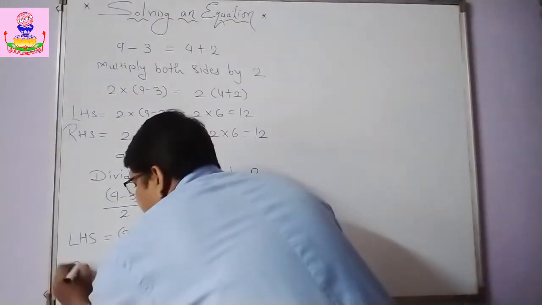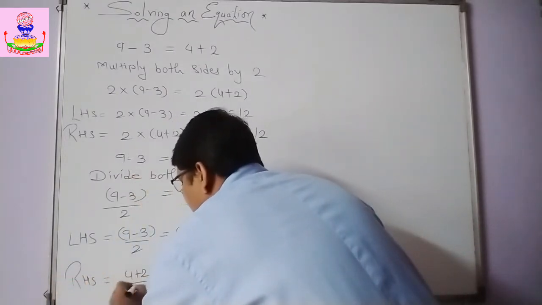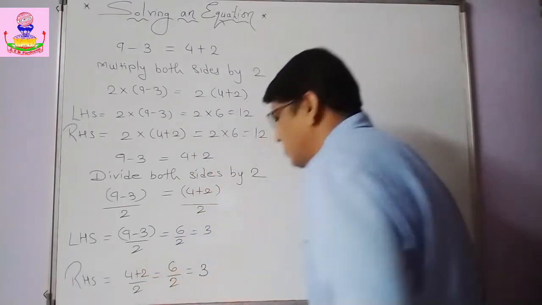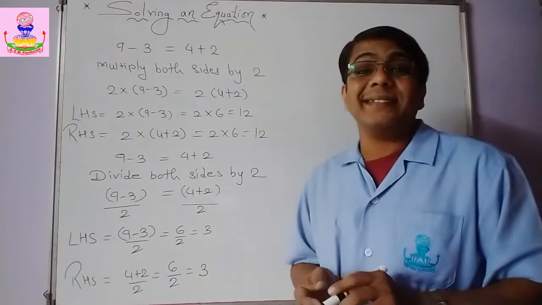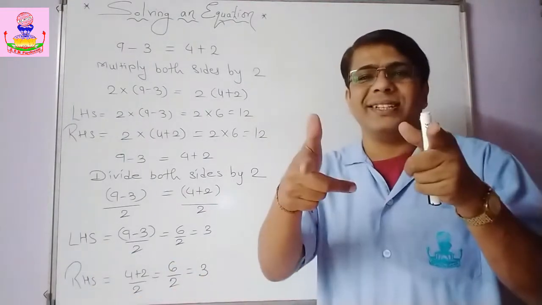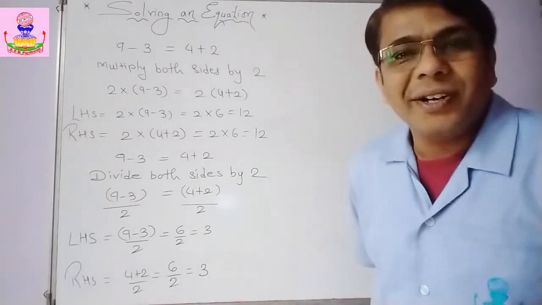Then RHS, 4 plus 2 upon 2. So 4 plus 2 is 6. 6 upon 2 is, yes, exactly 3. And so again what you get? Left hand side is equal to right hand side. So what can you infer?